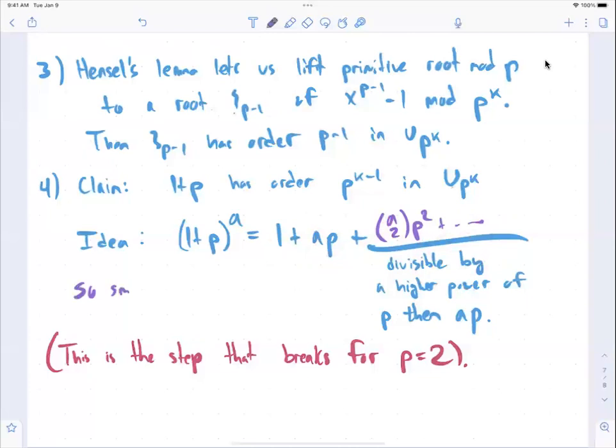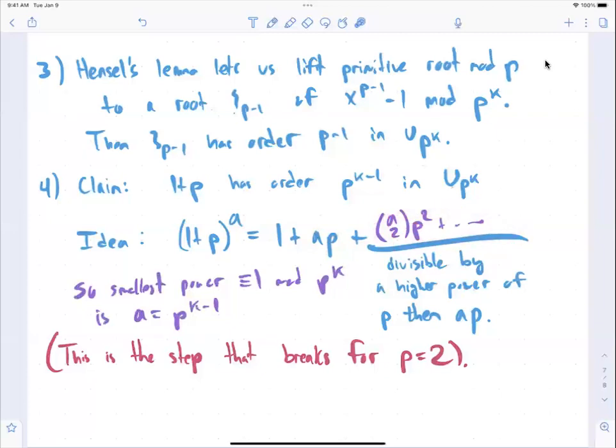So the smallest power that is congruent to 1 mod p to the k is a equals p to the k minus 1. So that will give you 1 plus p to the k minus 1 plus something that's divisible by p to the k.